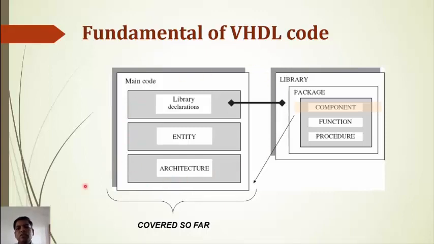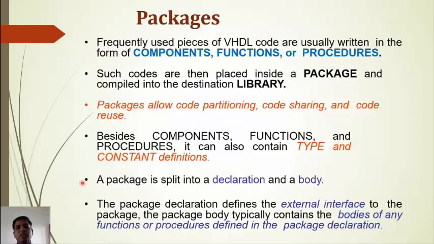Now the next topics are functions, procedures and packages. The first topic is packages. Frequently used pieces of VHDL code are usually written in the form of components, functions or procedures. Such code is then placed inside a package and compiled into the destination library.